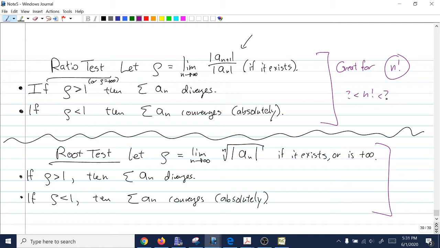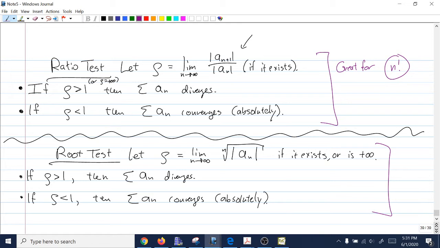We just don't have many good inequalities for n factorial right now. You don't have the ability to integrate it with the integral test. There's no function x factorial you can try to integrate out to infinity. By and large, if the problem you're doing has an n factorial in it, there's a good chance the ratio test is the best way to deal with it because it makes the factorial go away. And we'll see an example of that in a second.